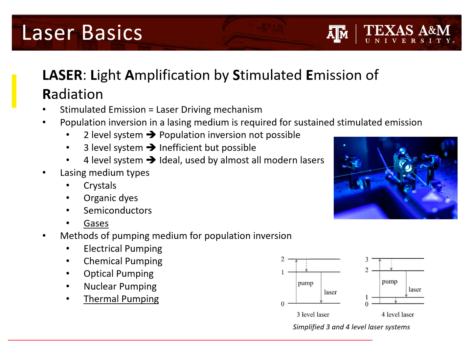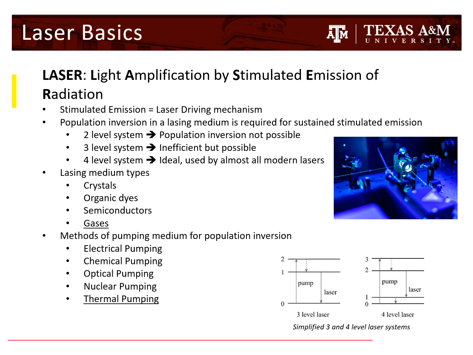Some of the different lasing mediums, most common are crystals, dyes, semiconductors, and then gases as well. And then a gas dynamic laser, of course, uses a gas as its lasing medium, specifically CO2 that is vibrationally coupled with nitrogen. So there are different methods of pumping a lasing medium to create population inversion.